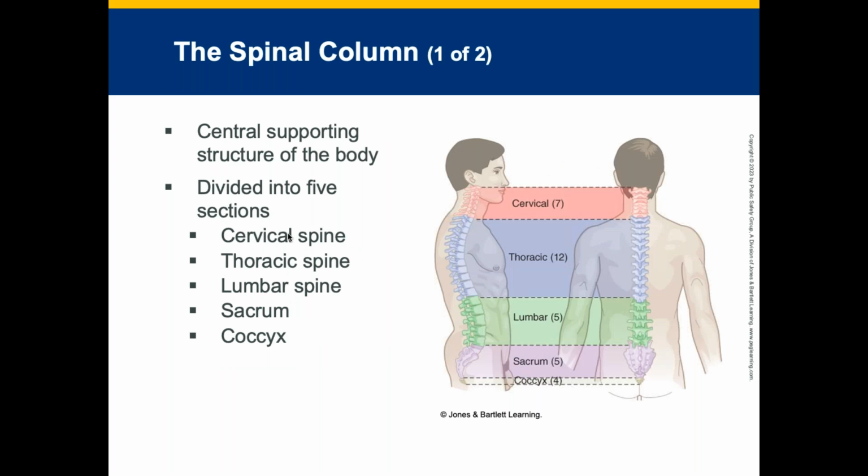The spinal column: cervical, thoracic, lumbar, sacrum, coccyx, right? We have C1 through C7, the first vertebra. Then we have T1 through T12. Then the lumbar, we have 5 vertebrae. What's different about the sacrum and coccyx? The coccyx aren't attached, and the sacrum is fused together.